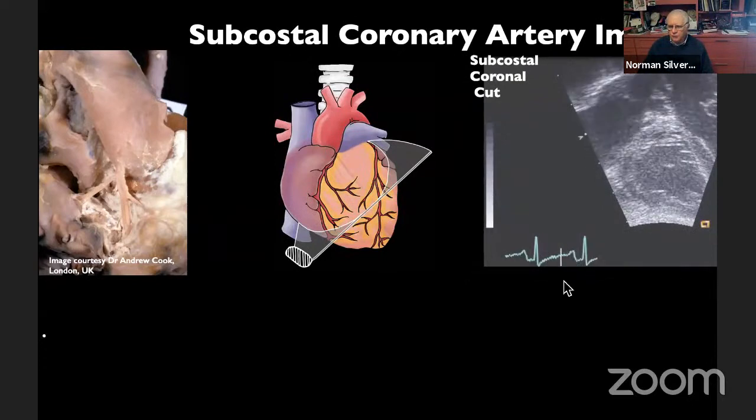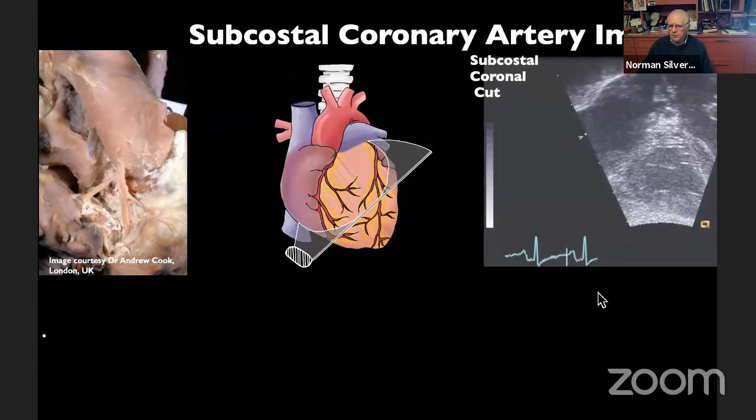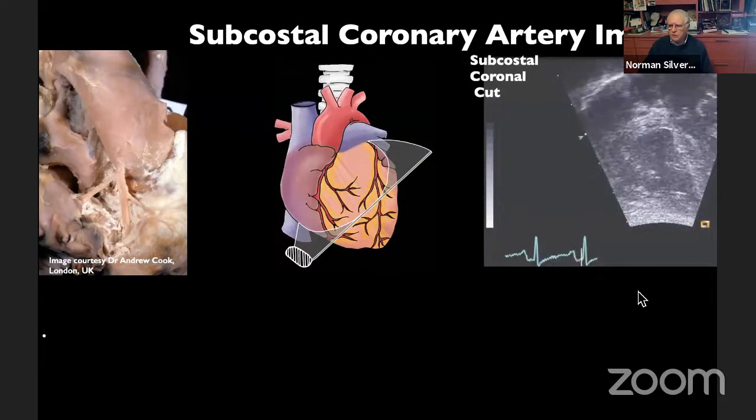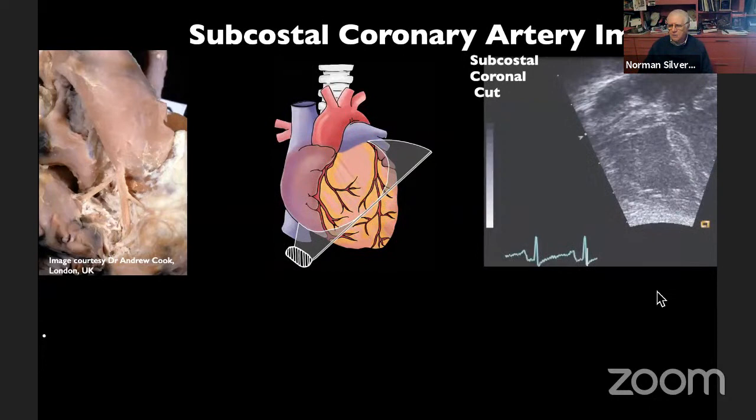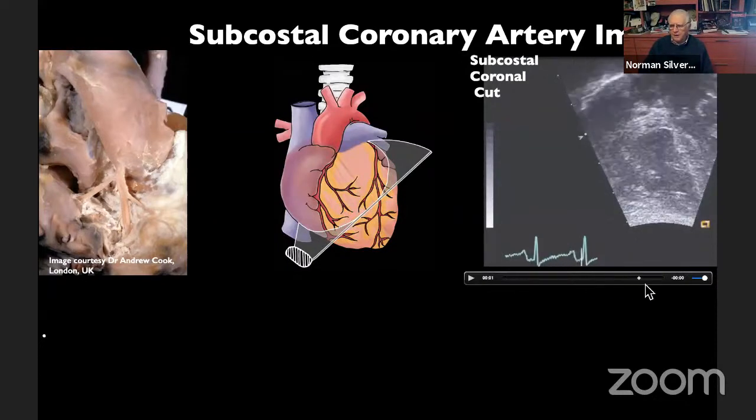We can do this, of course, with all of the examples. I hope you can do it on YouTube, where you can see the coronary artery draining into the sinus here. Here's the coronary artery running in the AV groove between the atrium and the ventricle and entering the aorta here, and the sinus of Valsalva clearly identified. So you can see that the interesting issue is that as the heart is twisting and rotating, we only get to see this for a short period of the cardiac cycle.